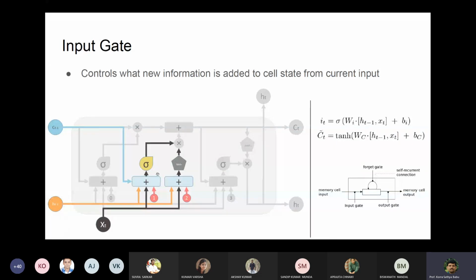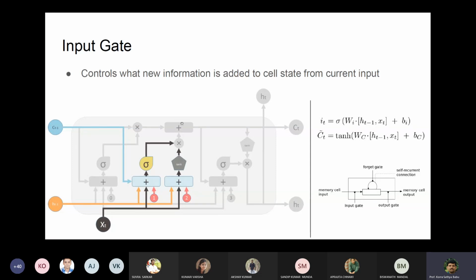A sigmoid layer called the input gate layer decides which values to update next, and you also use a tanh layer, the hyperbolic tangent layer, to create a vector of new candidate values that could be added to the state.